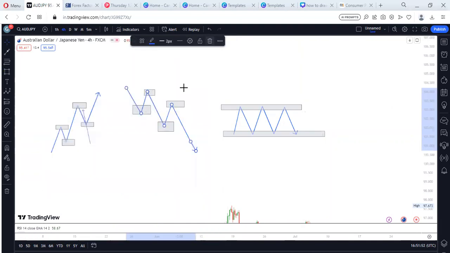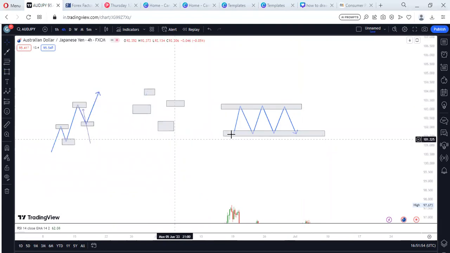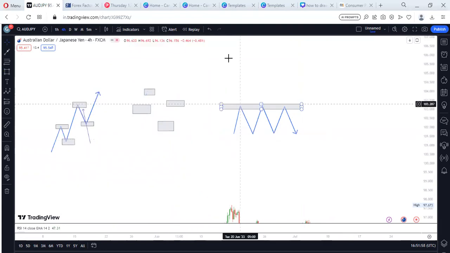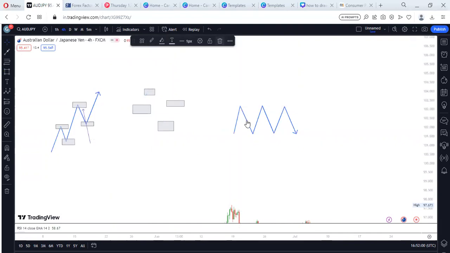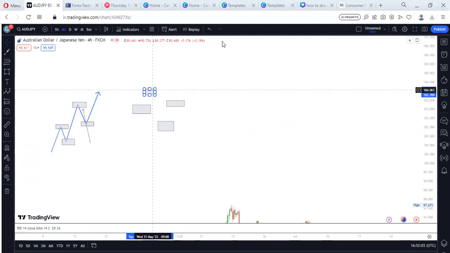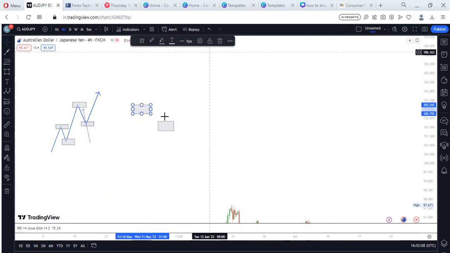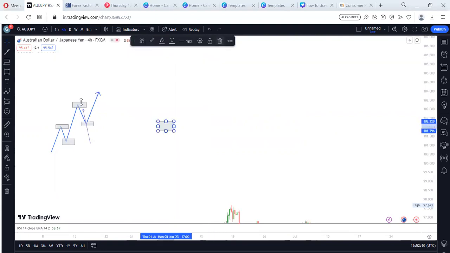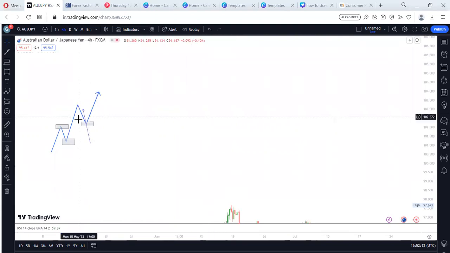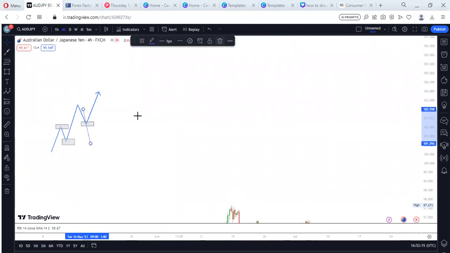Now let's talk about some things that we need to see before we start plotting trend lines. One of them being these higher lows and lower highs. So how do we plot an actual trend line? Let me delete all this.